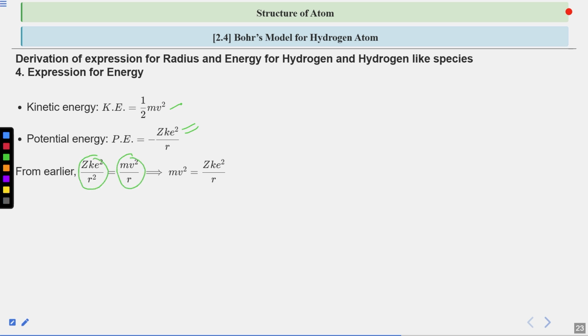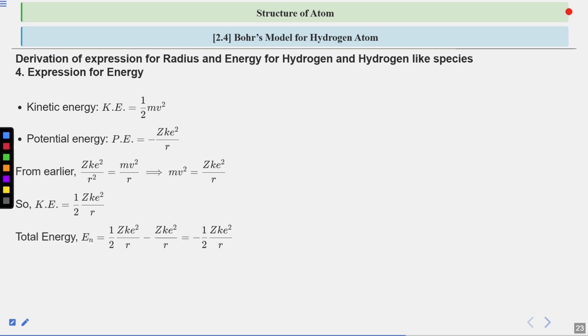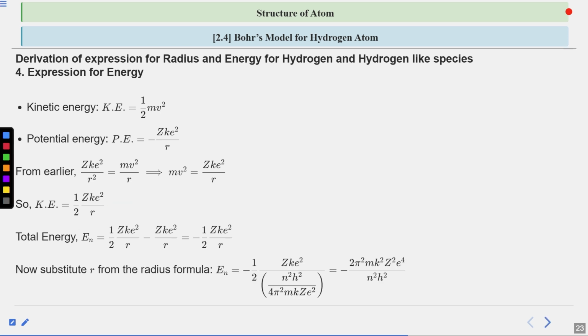The balance between the centripetal force and the electrostatic attraction will give you the value of m v square. So what will be the kinetic energy now? Half z k e square by r. Now we can add both of these to get the total energy. So this is your total energy. If we put the value of r from the previous equation, which is this value, you will get the value of energy.